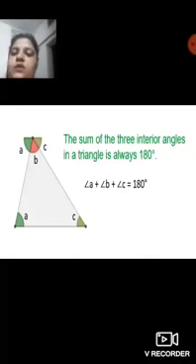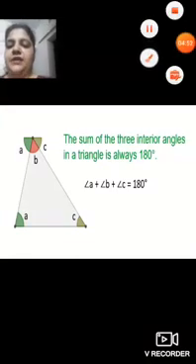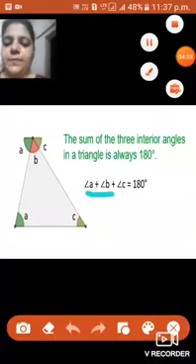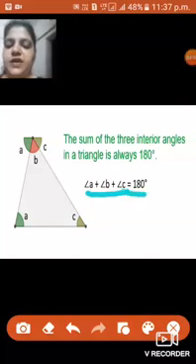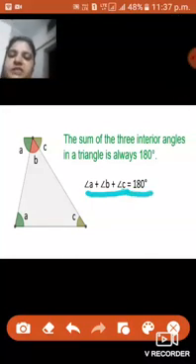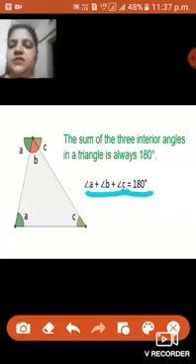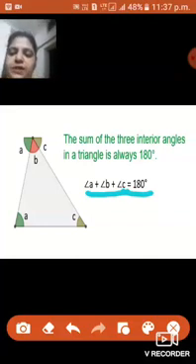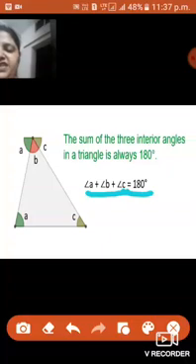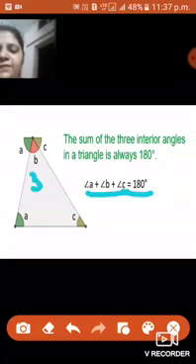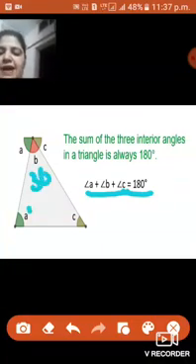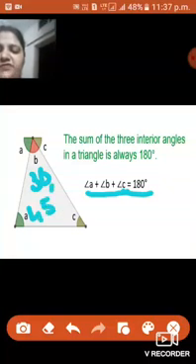Now, the sum of the three interior angles in a triangle will always be equal to 180 degree. This means that angle A plus angle B plus angle C should be equal to 180 degree. Let's solve this with the help of an example. Suppose I have taken angle B as 30 degree, angle A as 45 degree.